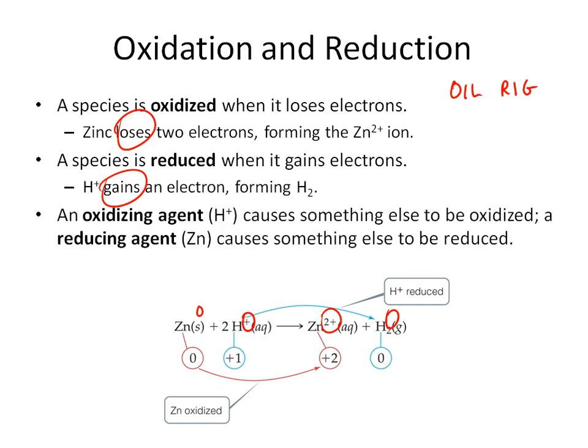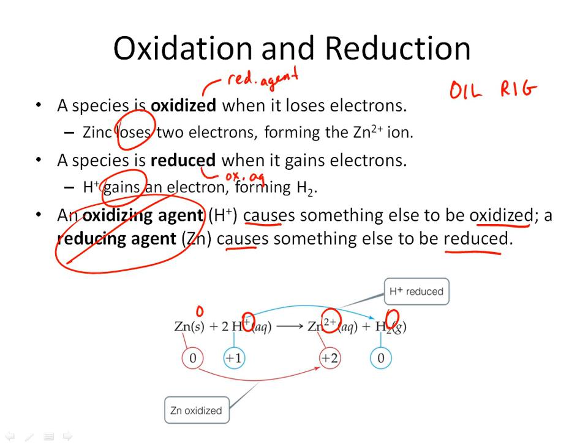An oxidizing agent is the thing that causes oxidation. A reducing agent causes something else to be reduced. On the AP Chemistry exam, they are not going to be using this terminology because they think students are too easily confused by it, because the thing which is oxidized is the reducing agent, and the thing which is reduced is the oxidizing agent.